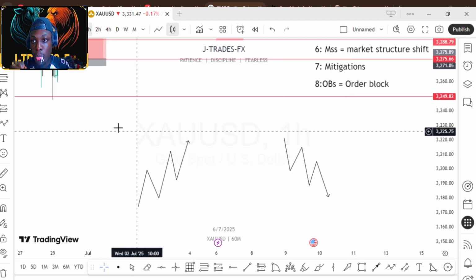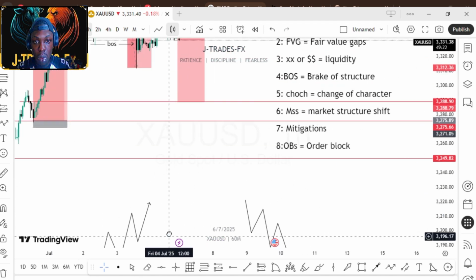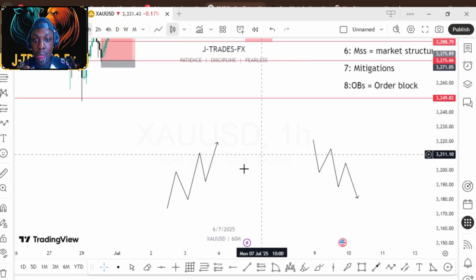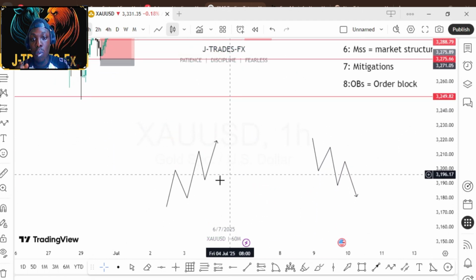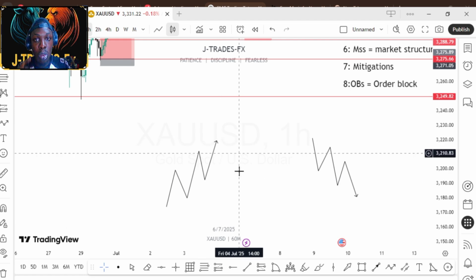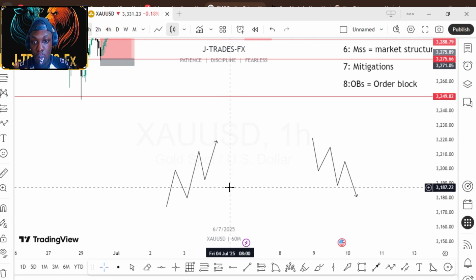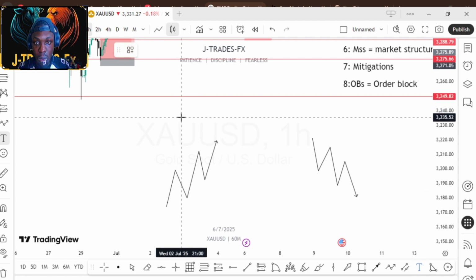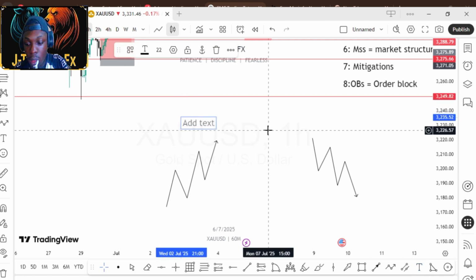So first things first, we go for the higher highs and higher lows. Higher highs and higher lows are created when the market is trending to the upside. When the market is bullish, it creates a series of multiple higher highs and higher lows. Let me label this very fast so you can understand what I'm saying.